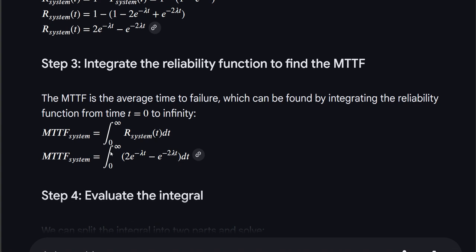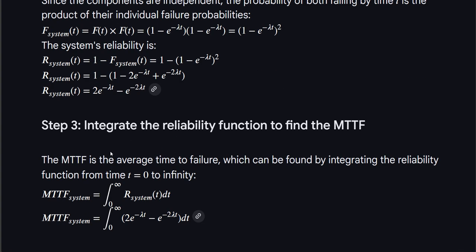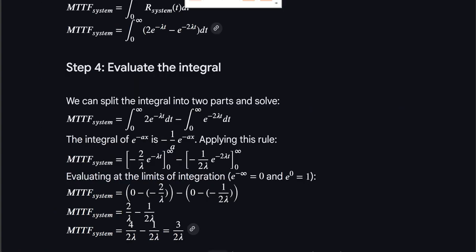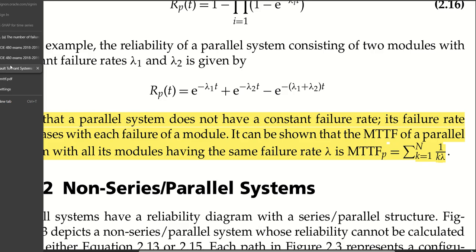When you integrate it, you get something like what I showed in the previous slide. Here they broke the integral, integrated and everything, but at the end of the day you get 3 over 2.